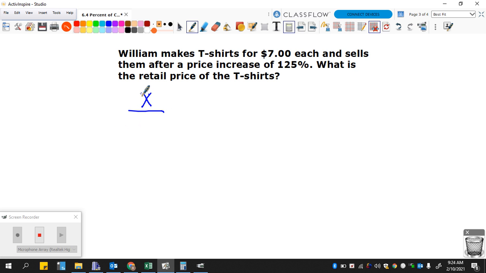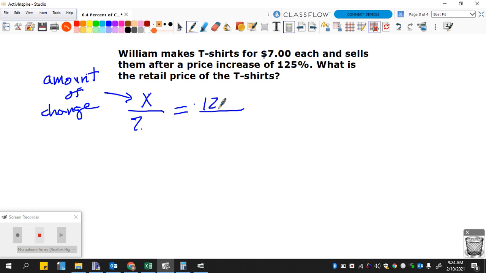Remember that x is the amount of change over the original, which is $7. Okay, so 7 is equal to, now we're going to write the ratio of the percent, so the 125 over 100, okay?